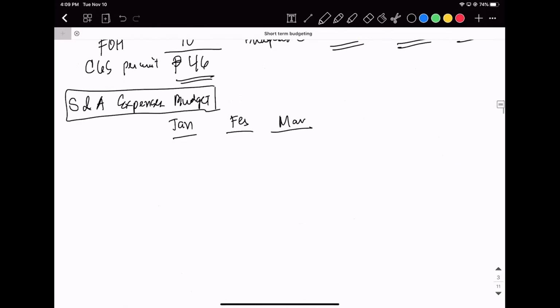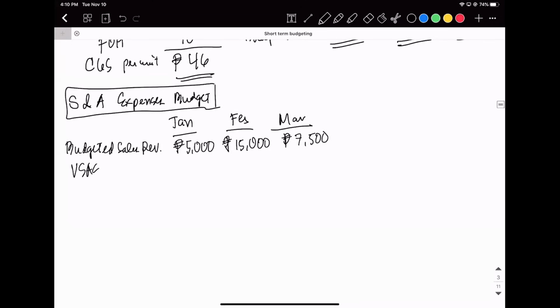Okay. Budgeted sales revenue. For the month of January, ilan yan? 5,000, 15,000, and 7,500. Ayan. Okay, so variable selling and admin expense rate, 1%.